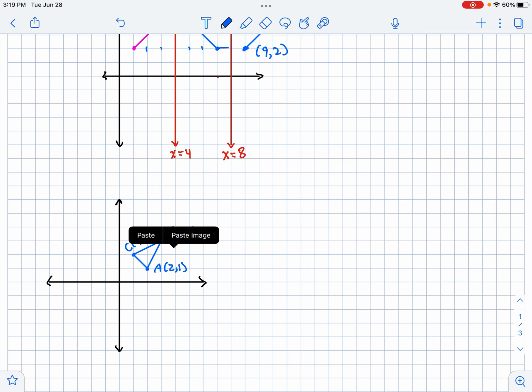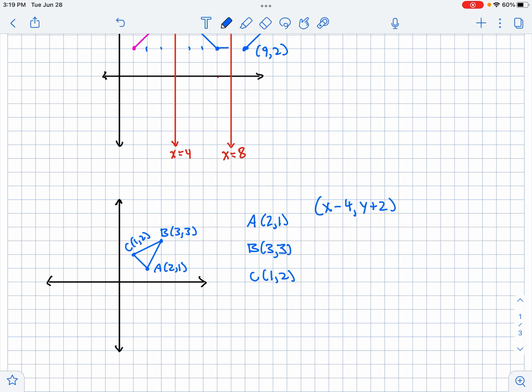But anyway, let's go down to this one. Let's suppose that we have this little triangle here, ABC, and notice that A is 2, 1, B is 3, 3, and C is 1, 2. And let's suppose we want to perform this translation: x minus 4 and y plus 2.